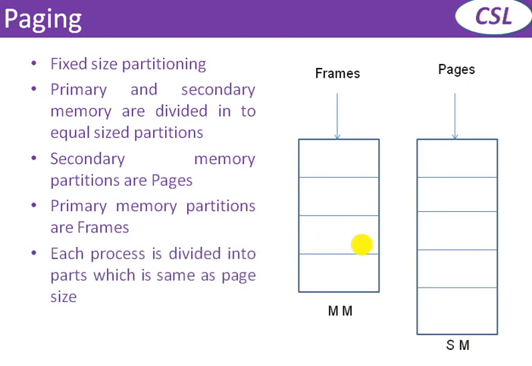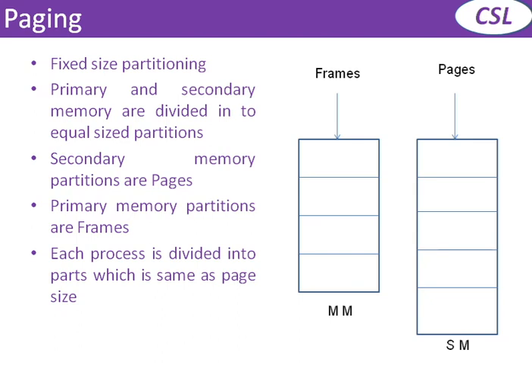And each process is divided into parts which are the same as the page size. So before the process is allocated into the main memory, based on the process size, the secondary memory is divided into partitions, each partition having the same size, and the process is assigned to those partitions of the secondary memory.